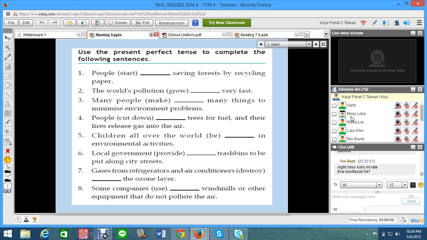Number 3, Mbak Risa, number 4, Mbak Lala, number 5, Mbak Riri, number 6, Mbak Amini, number 7, Mbak Kusnul, number 8, Mbak Ayu. I give you one minute, is it okay?